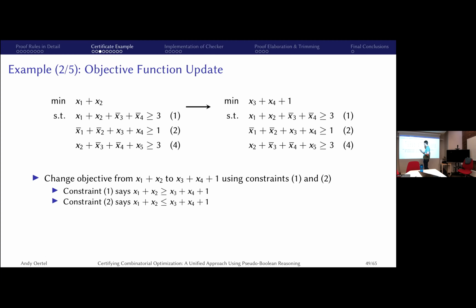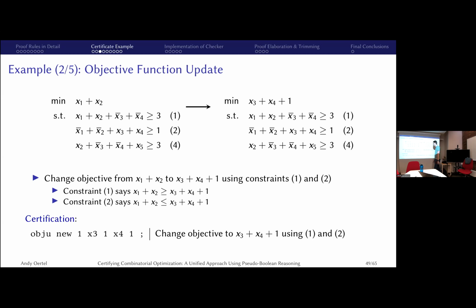So what we can do is claim this new objective. obu is objective update. Then new means that we're specifying the new objective that should replace the old one. So this says that x3 plus x4 plus 1 is the new objective.